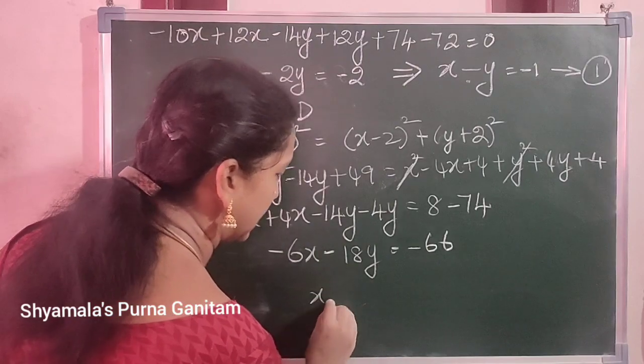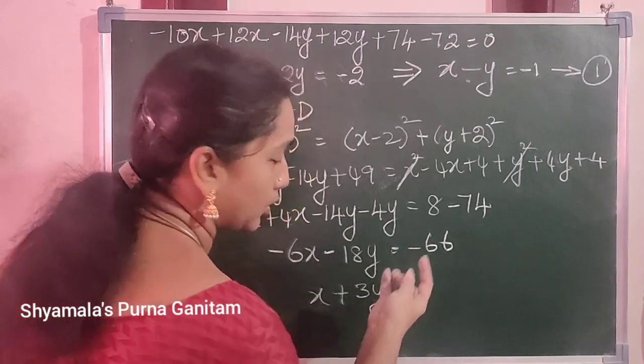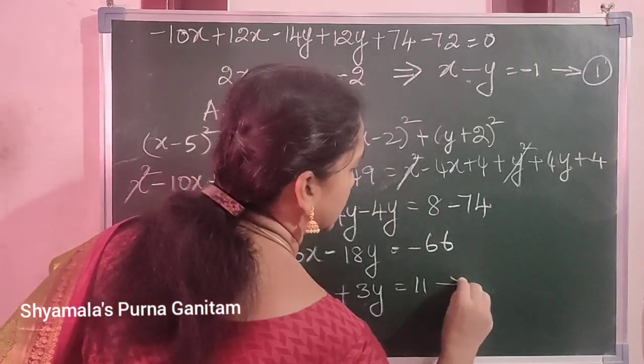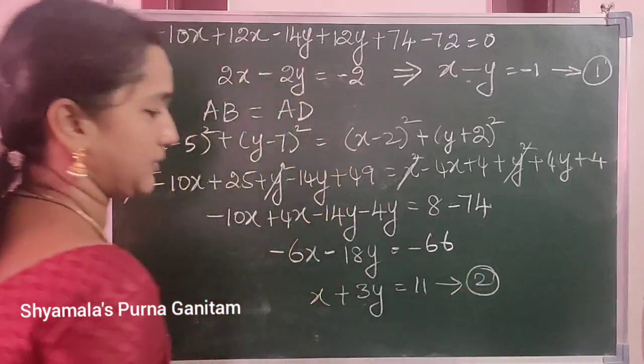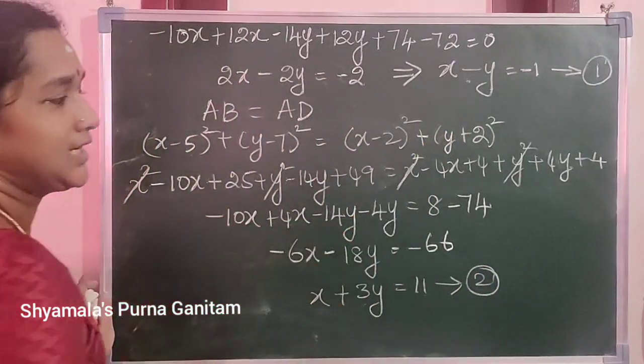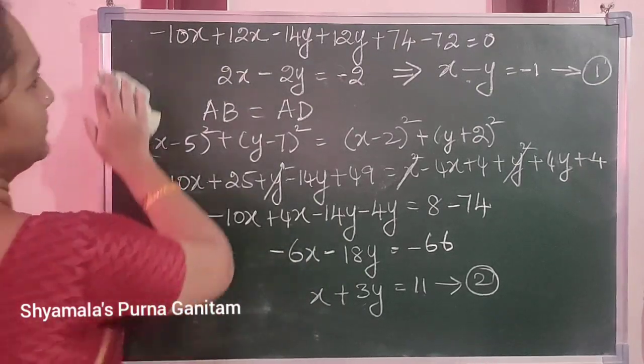So I will get x plus 3y is equal to 11. So this is my second equation. So I have to solve this first equation and this second equation to get the value for x and y.